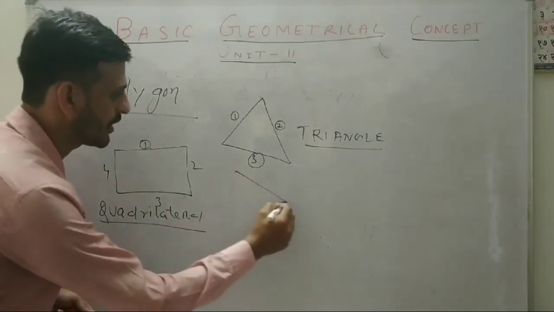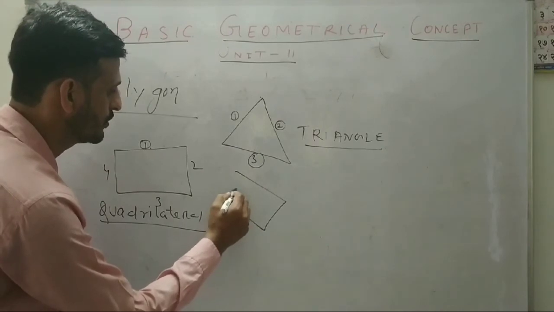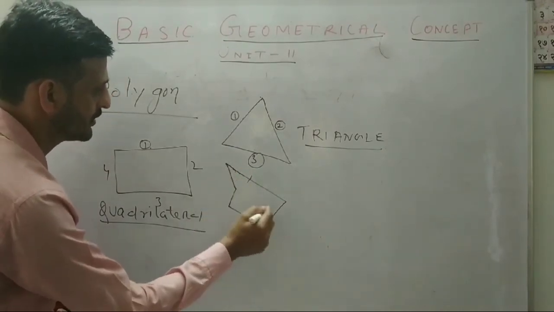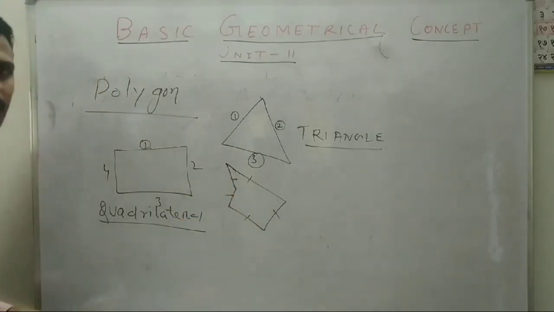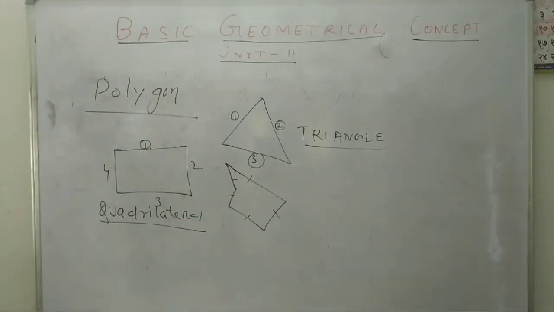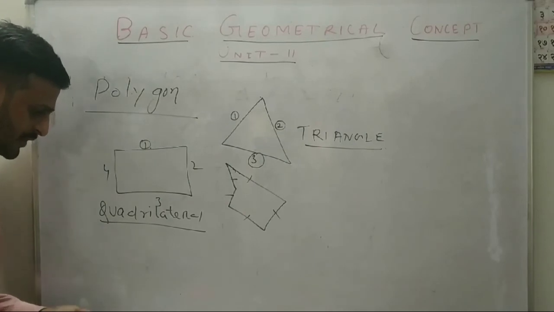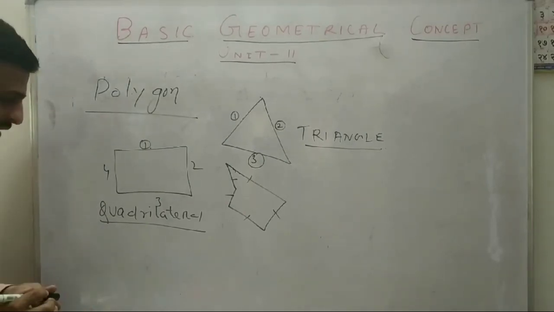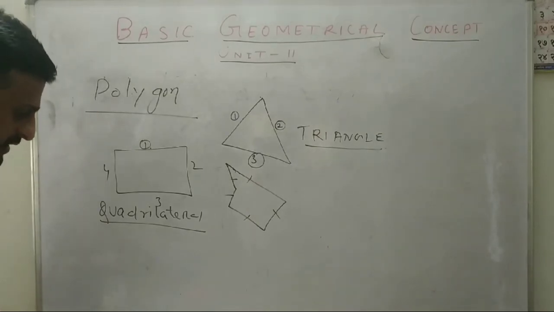Like this, 1, 2, 3, 4, 5. See, how many sides? 5. A five-sided polygon is a pentagon. A six-sided polygon is a hexagon, seven-sided is heptagon, eight-sided is octagon, nine-sided is nonagon, and 10-sided is decagon.